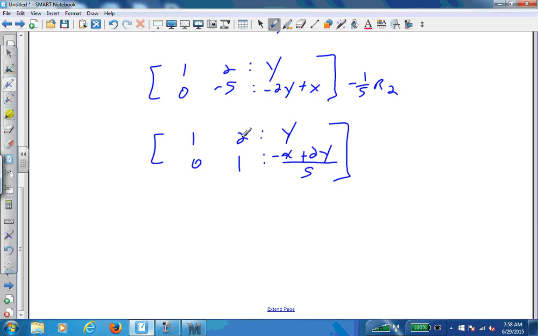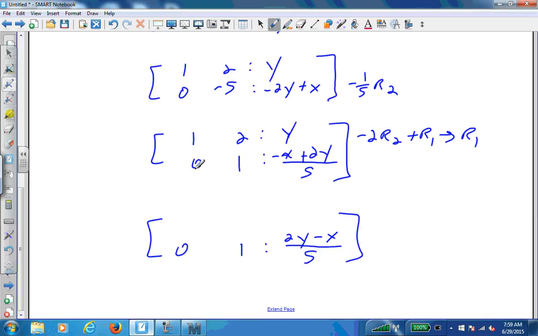Now if we want a 0 here, we can do negative 2 times the second row plus the first row to get our new first row. So keep the second one.